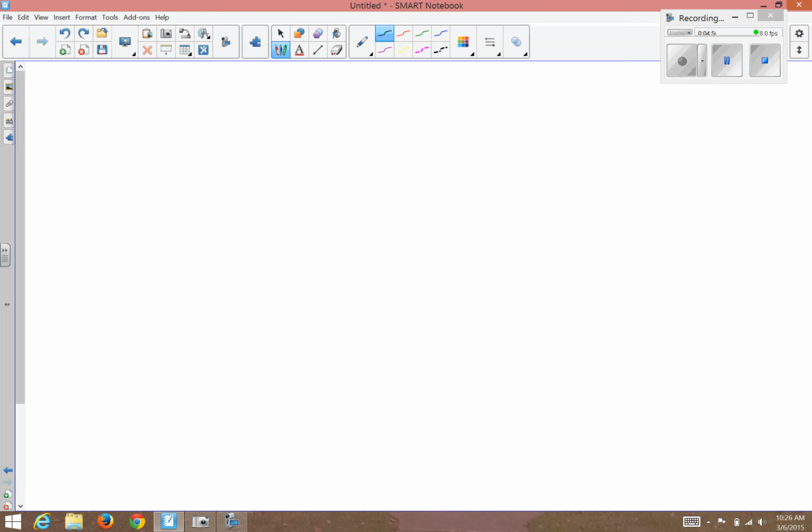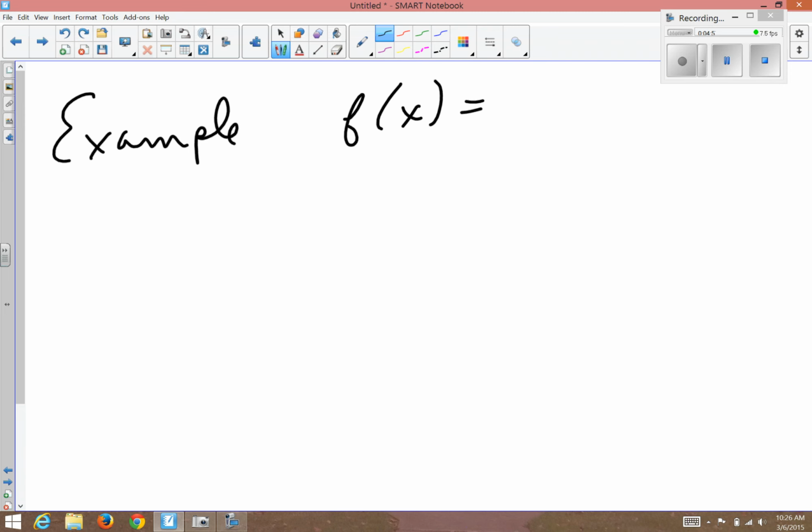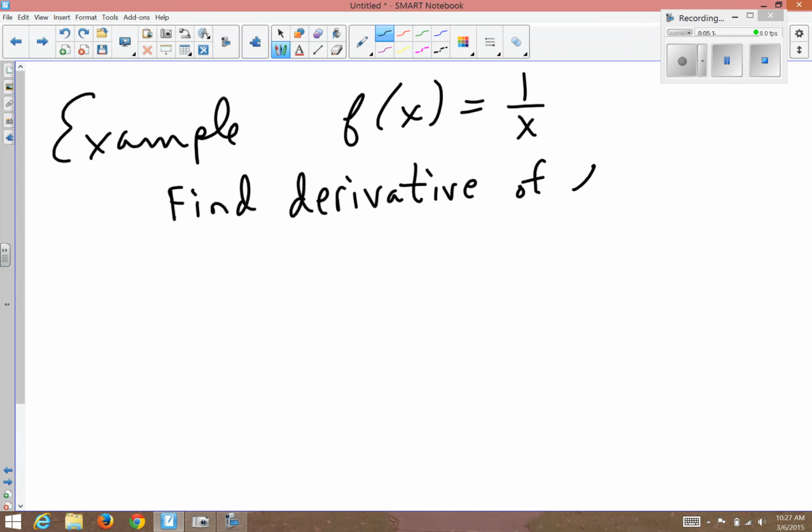Now we're going to do this example. If f of x equals 1 over x, find the derivative of this function at x equals 3. The words find the derivative of the function at x equals 3 can be symbolized f prime when x is 3.